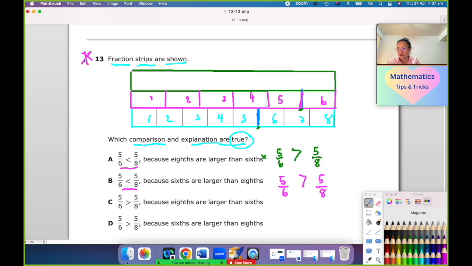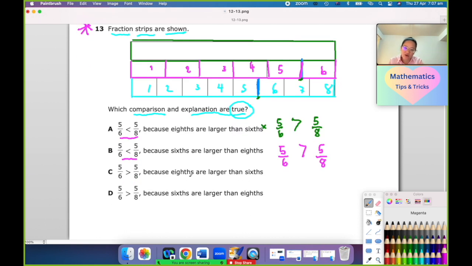Can you make a star on this 13? The question is tricky because you need to understand the meaning as well. Look at this one carefully. A and B are not true because it's not less than, it's larger than. Grace, can you read C please? Because 8 is larger than 6.